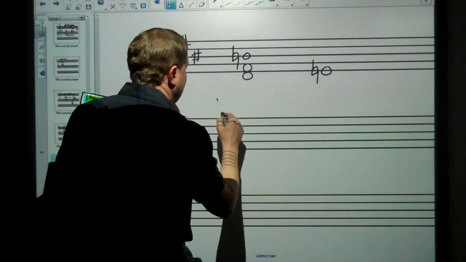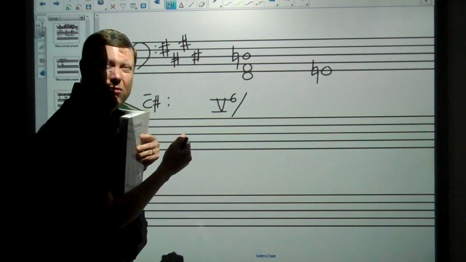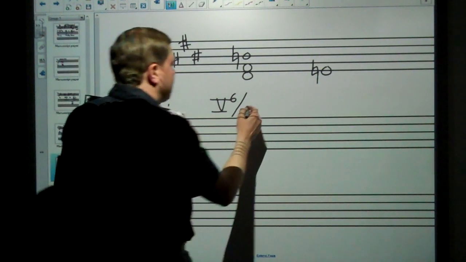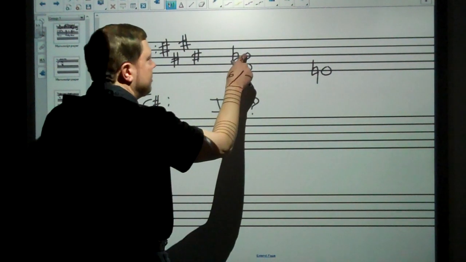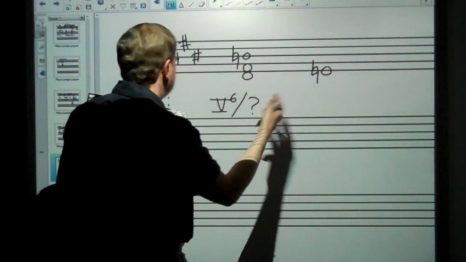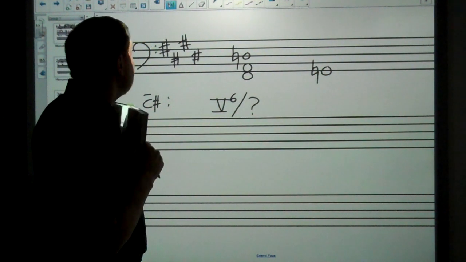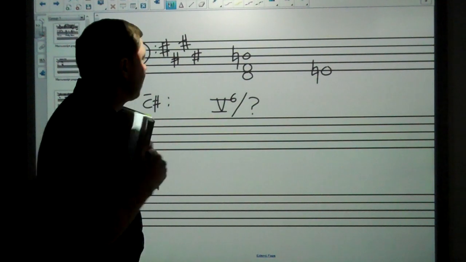So you might think, well, can't you call this a V6 of a maybe a V? No, you can't, because the root of this chord is the dominant of G natural, and G natural cannot serve as a part of any diatonic chord in C sharp minor.